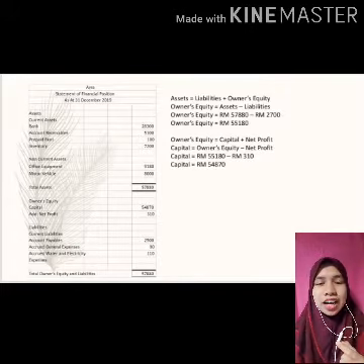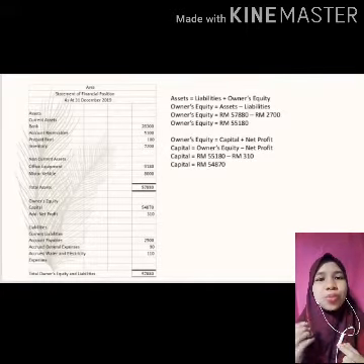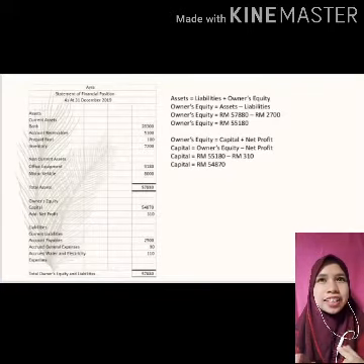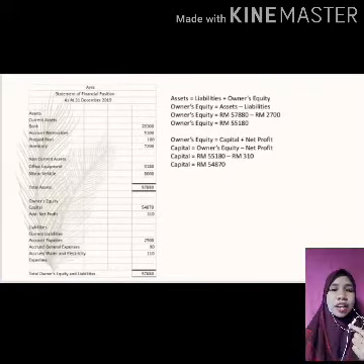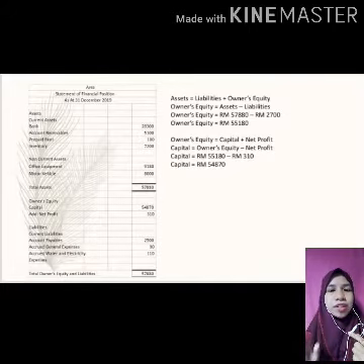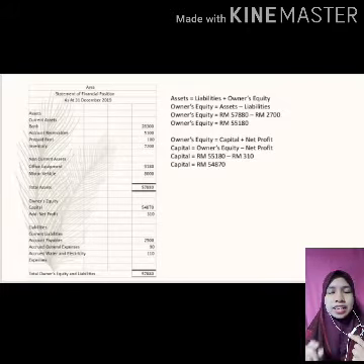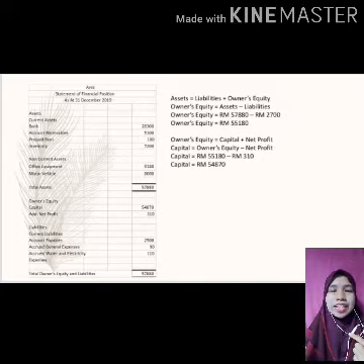Since the question didn't give us the capital value, we needed to find it ourselves. Before we find the capital value, we need to find the owner's equity value first. So the formula that we use is assets equal to liabilities plus owner's equity. After we calculate, the value that we got for owner's equity is 55,180.